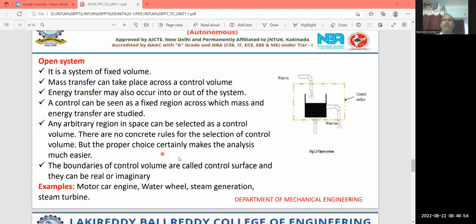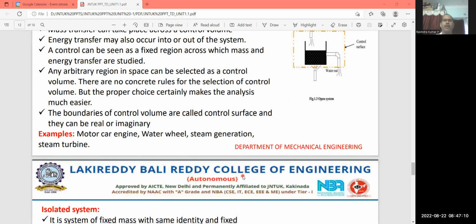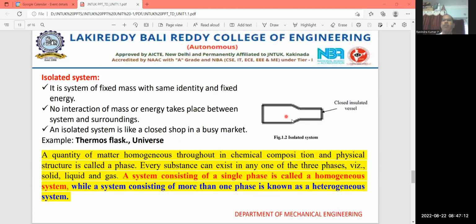Whereas for open systems, the examples are motor car engine, water wheel, steam generation, steam turbine. That means some mass is entering, some mass is leaving, and energy interactions are taking place between the system and the surroundings. Isolated system: neither mass transfer nor energy transfer occurs. Examples: thermos flask, universe.